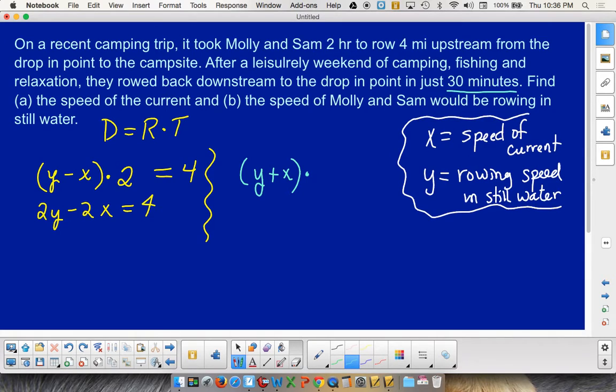Well, that makes no sense because over here I did 2. That was 2 hours. This is 30 minutes. So yes, you need to deal with that and multiply by 1/2 because it's half an hour. And that's going to equal, they still went a distance of 4 miles. So if I distribute that one through, I have 1/2 y plus 1/2 x equals 4.